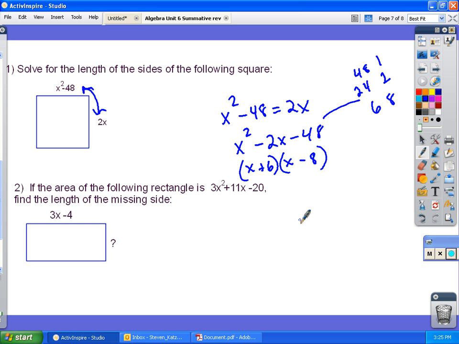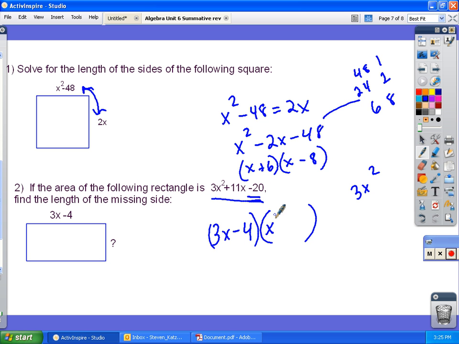For number 2, it's kind of a guess and check. There's a way to divide. We're going to learn that next. But for now, when you have 3x minus 4, what would you FOIL to get 3x squared? So what would this number be? 3x times what would get you 3x squared? Well, it would have to be an x. Then looking at the last term, it's a negative 20.